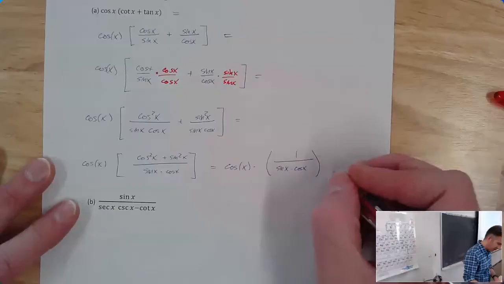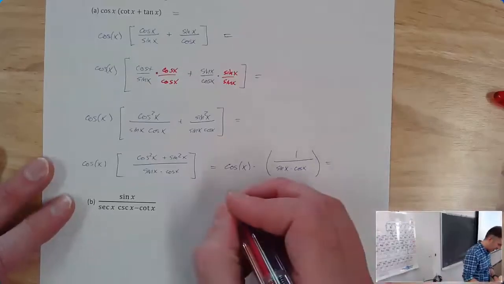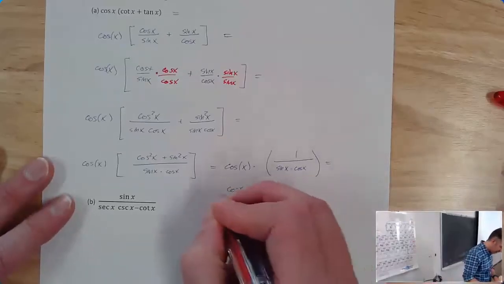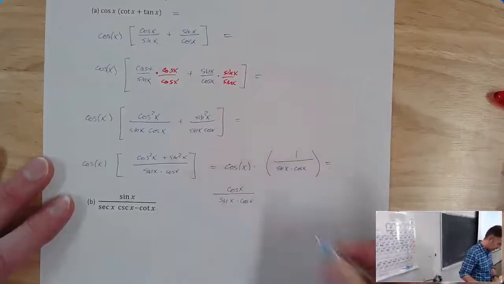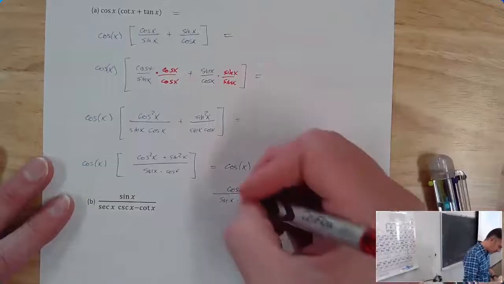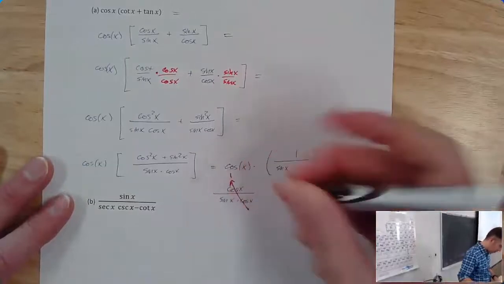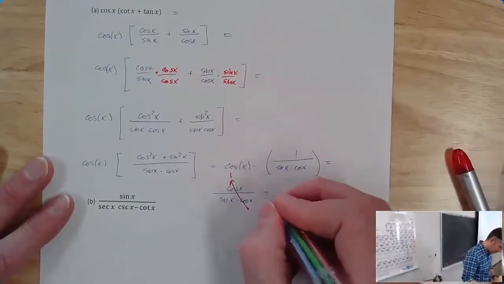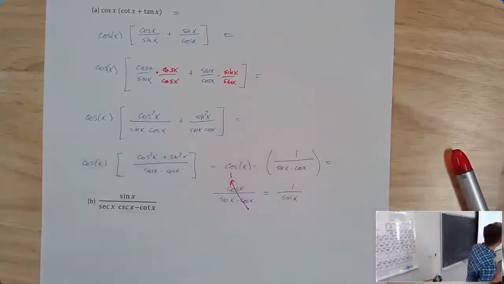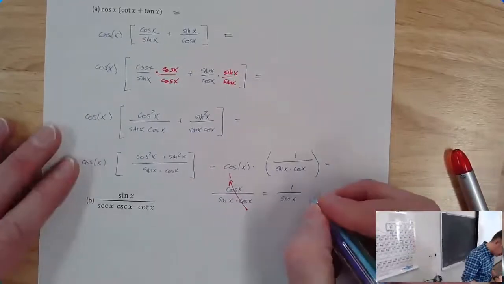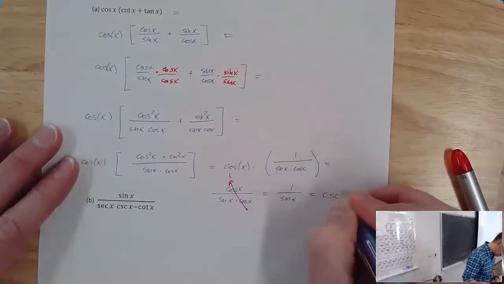You could also, if you prefer, take one additional step and write it as cosine of x divided by sine of x times cosine of x. And then we can cancel the cosines. Cosine divided by cosine is 1. I'm going to get 1 over sine of x. And although that probably would be fine to leave it that way, there's a better answer. Instead of writing 1 over sine, I would prefer to write cosecant of x.